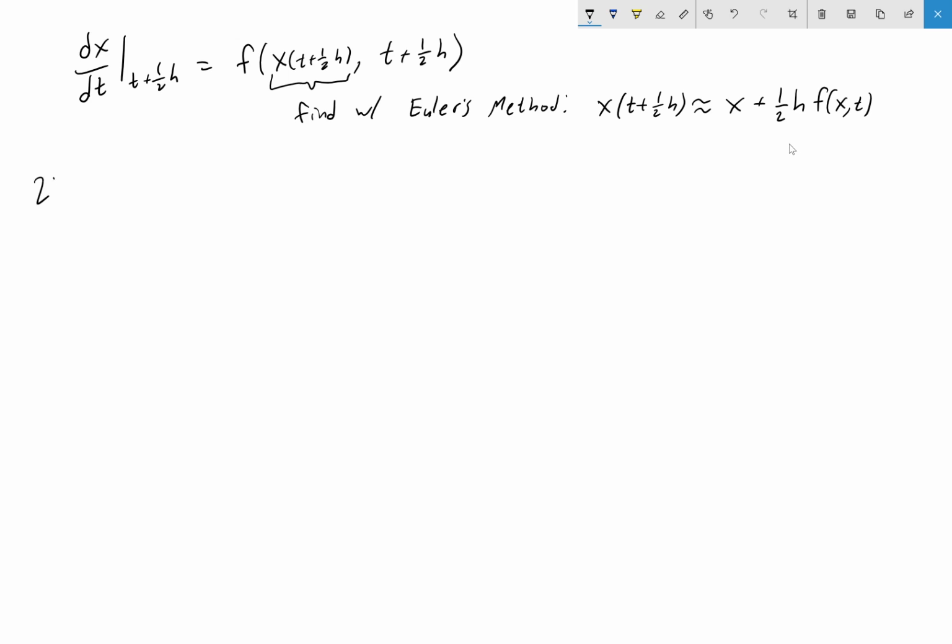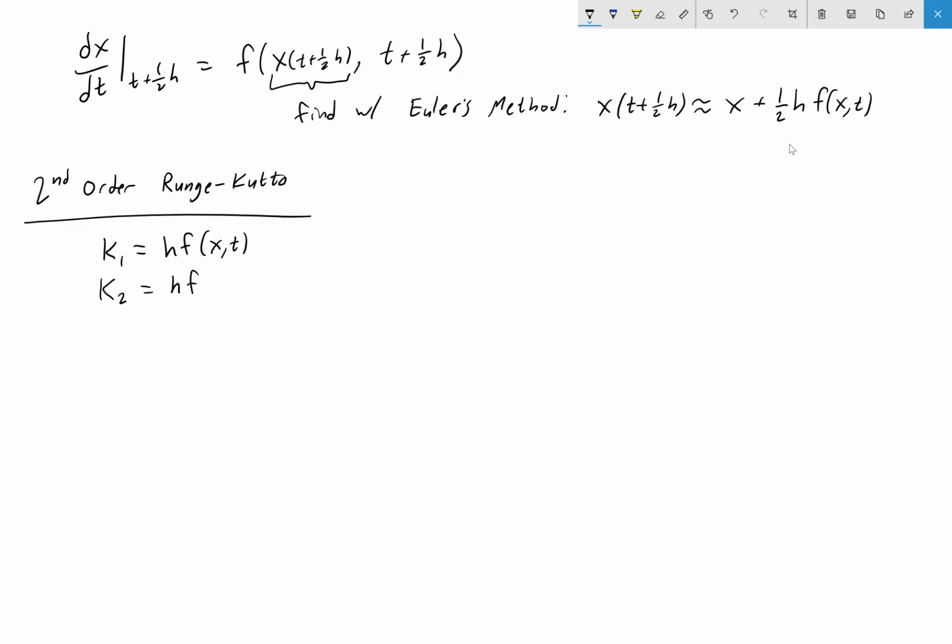If we put all this together, we have what's called the second order Runge Kutta, also called the midpoint rule because we're finding the midpoint. The basic algorithm is you calculate an intermediate value k1, which is equal to h times f of x and t. You calculate another value k2, which is equal to h times f at x plus 1/2 k1.